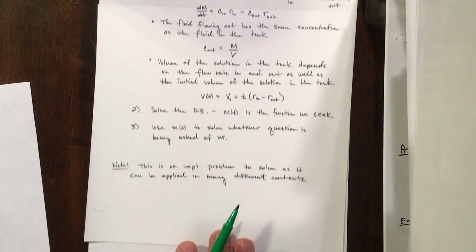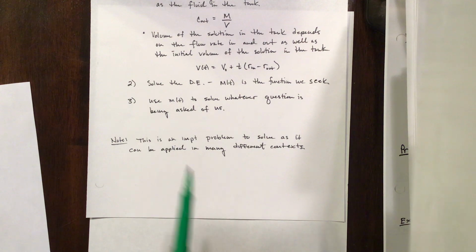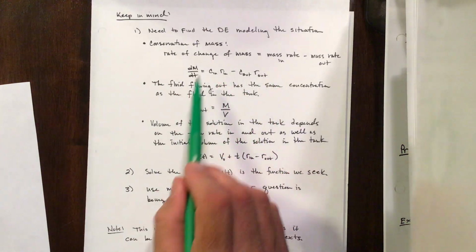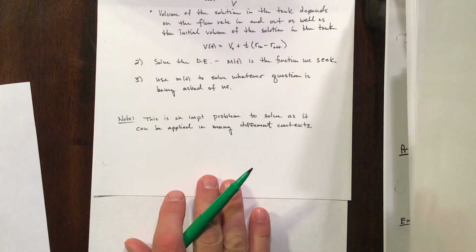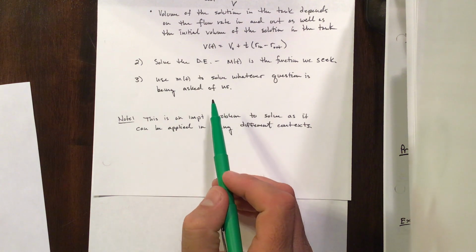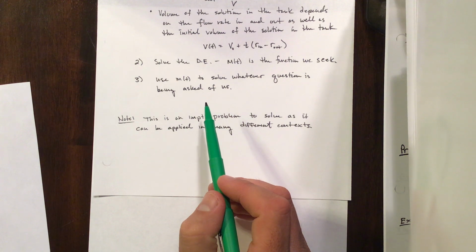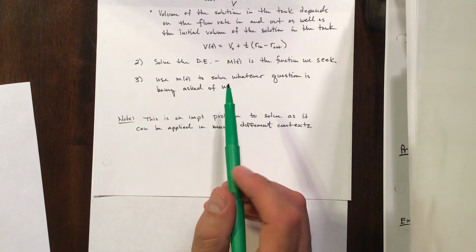Okay, and the last thing you want to keep in mind is that when you plug all these components into dM/dt, you're going to come up with a differential equation. You're going to solve it predominantly using not integration by parts, but the integrating factor.